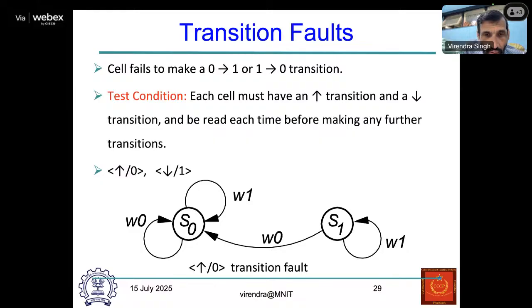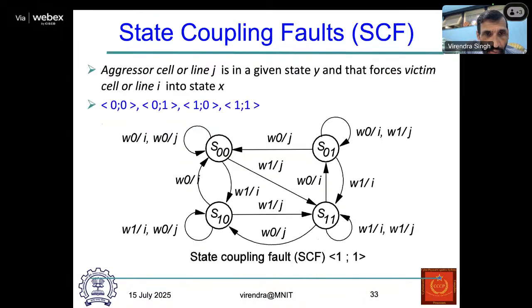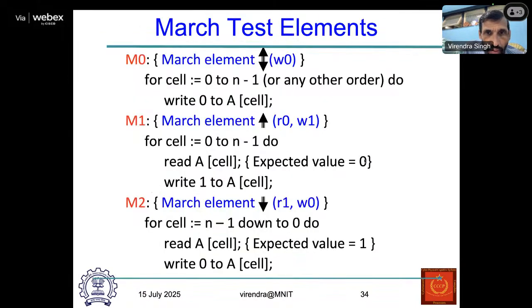Because what we are doing is writing first 0, then reading 0, writing 1 and reading 1. If all of these are correct, we can say the cell won't have a stuck-at 0 fault or stuck-at 1 fault.